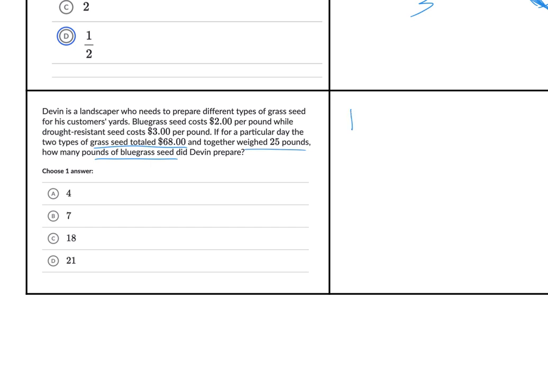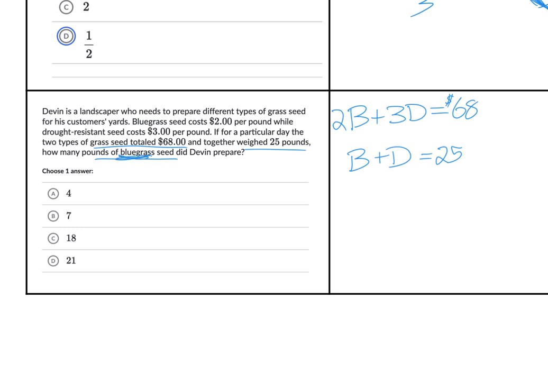Okay, so I'm going to say b for bluegrass seed is $2 per pound, plus $3 for drought resistant seed. Okay, and then I've got the pounds of bluegrass plus pounds of drought resistant. These are my two equations. 25 pounds, $68. Okay, now we solve this however you want.